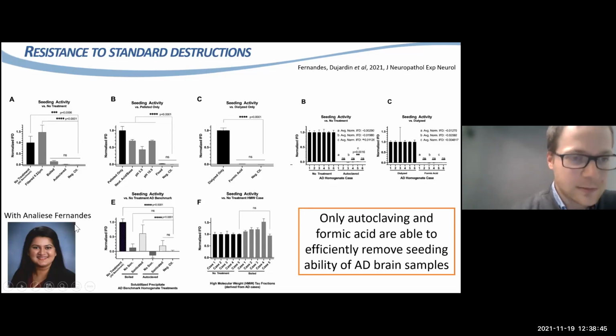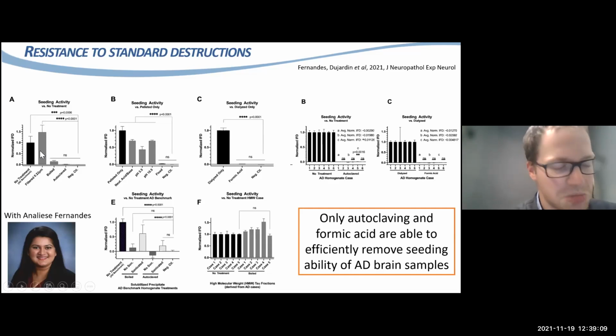And so basically what we did is we took some brain homogenate from different patients and we applied different treatments. The first thing we did was just to boil it and filter it, like a regular lab filter at 0.22 micron.